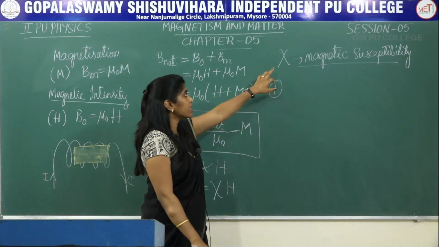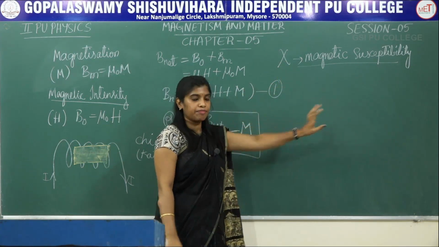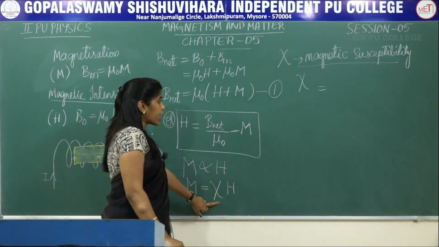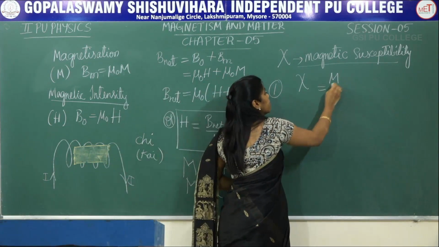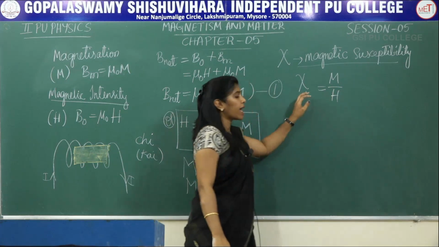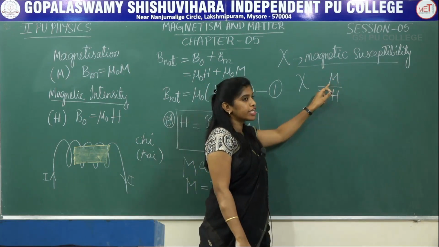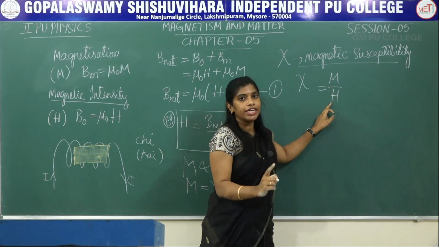So what is chi? Chi is the magnetic susceptibility, and this chi can be defined as the ratio of m by H. So the magnetic susceptibility is the ratio of magnetization and magnetic intensity.